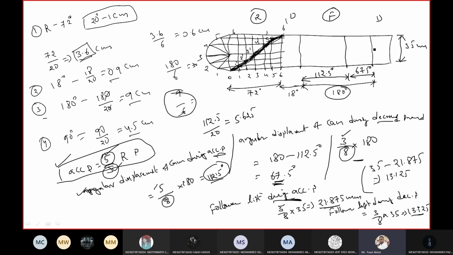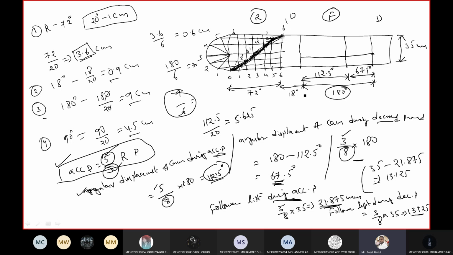Here to here, how much is it? 21.875 mm. Convert it into centimeters, measure, it is going to be located somewhere here. So draw one horizontal line.